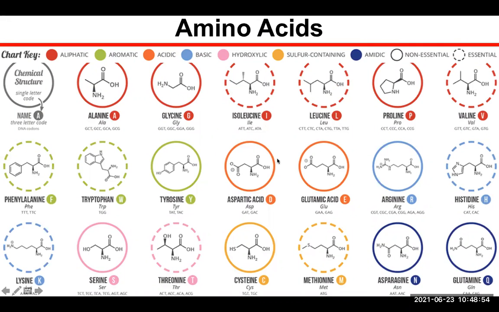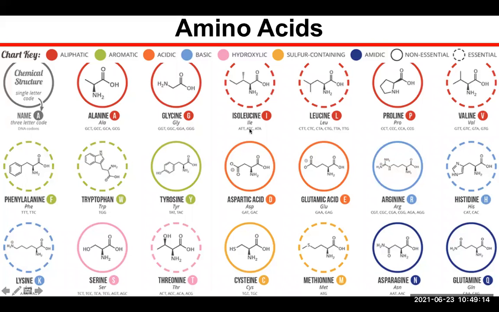So say my amino acid originally, without any mutations, encoded for aspartic acid, and I had a mutation and it ended up becoming glutamic acid. Well, the structure and the charges and everything are relatively similar. So more or less, the protein's going to function okay.